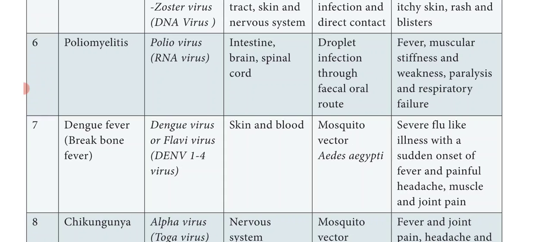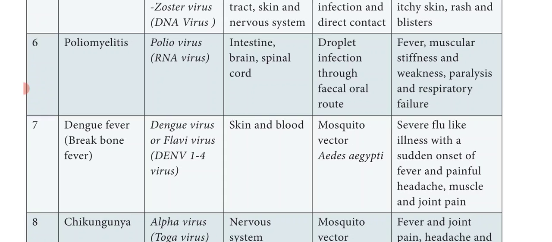Next is dengue fever. It is called break-bone disease. It is caused by the dengue virus or flavivirus, that is DENV 1 to 4, and mainly it affects the skin and the blood. It mainly destroys the blood platelets, which are responsible for the clotting mechanism.